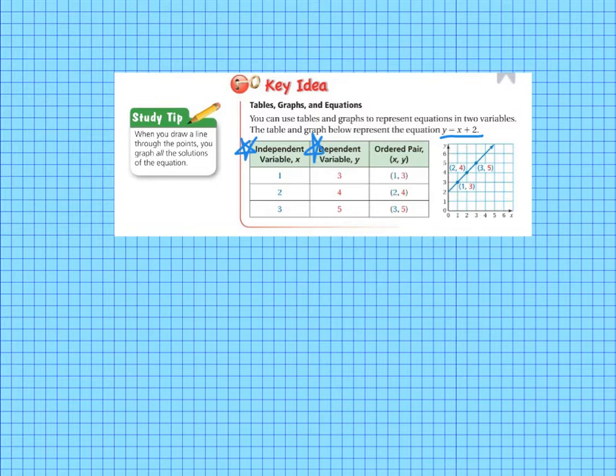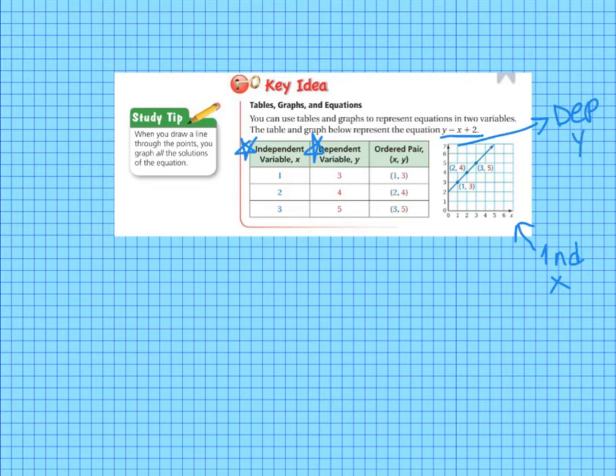So what you need to remember is that the independent variable is the one that doesn't depend on the other one, and it always goes on the x-axis. So independent goes on the x-axis, and dependent goes on the y-axis.